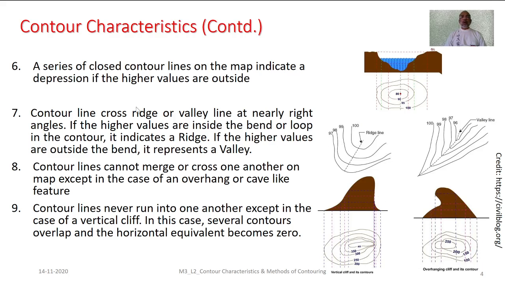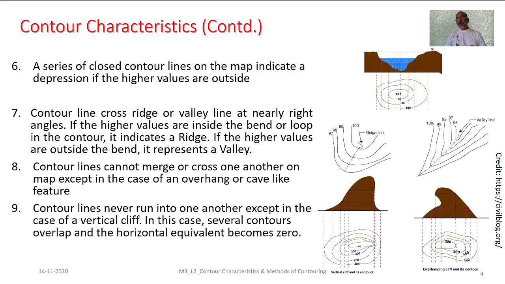So, the way I discussed on the previous slide, here you can have a very clear idea related to the nature of the contour loops representing a depression. We can consider structures like ridge as well as valley in order to represent topographical features.